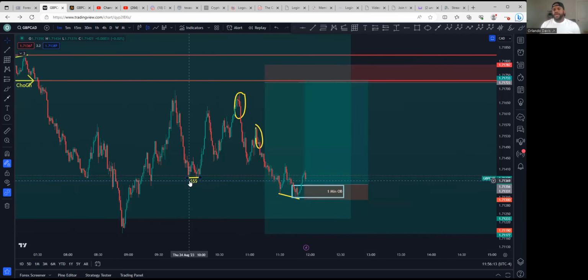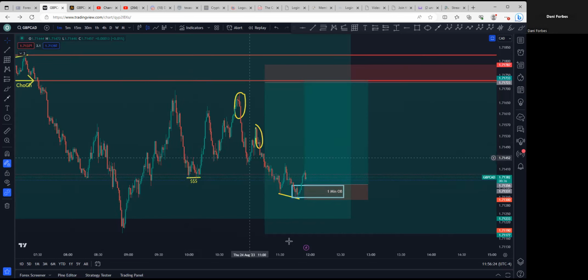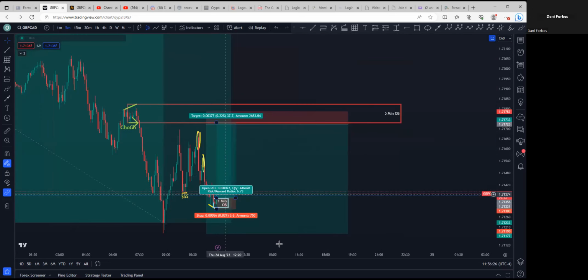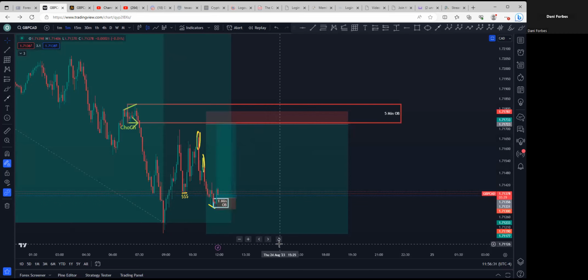If it doesn't, hey, it's okay. That's why you use proper risk management. You can't be afraid to pull your trades, man, but you got to understand, when you do take a loss, I got to understand why, what happened, what occurred, in order for me to then avoid it next time. You know what I'm saying?